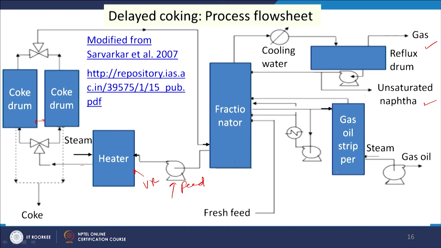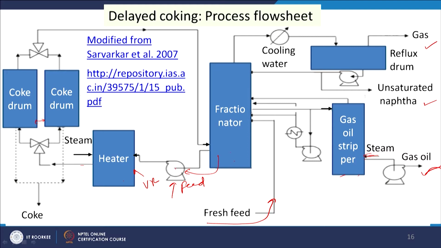Then there is the gas oil stripper, where we send steam for its stripping, and then we get gas oil. We are also adding some fresh feed in this case. So, the fresh feed and this vapor coming out are fractionated and the bottom part is again taken here. So, this is the feed, actually a mixed feed.